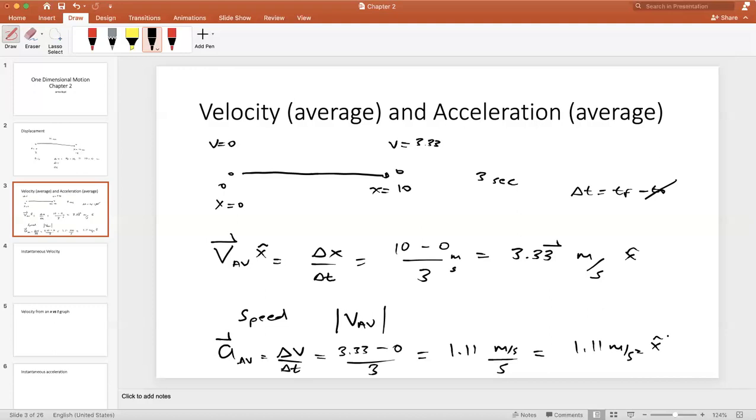But how fast that velocity is changing with time is your acceleration. So when we say a car accelerates from rest at like 6 meters per second squared, what we're saying is how fast it gets up to a certain velocity.